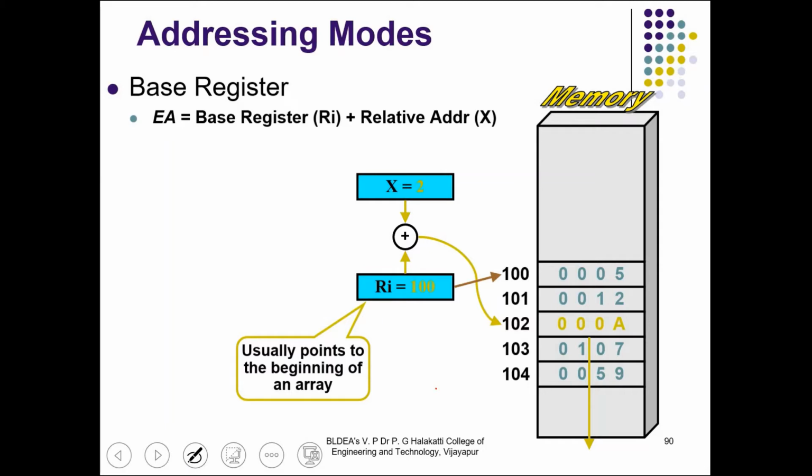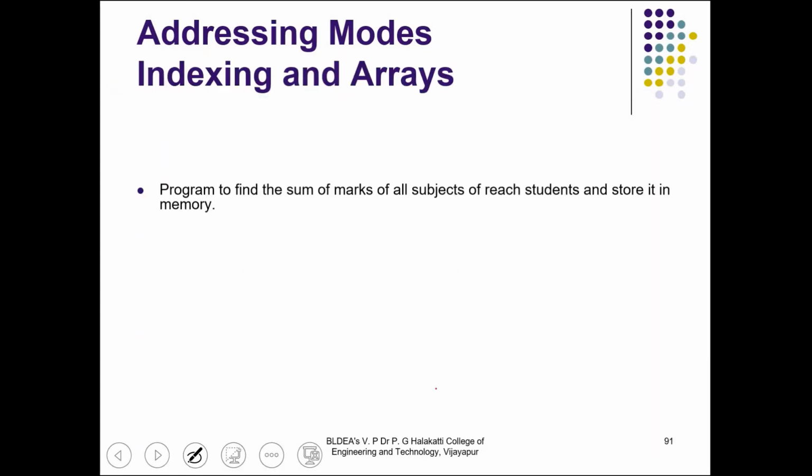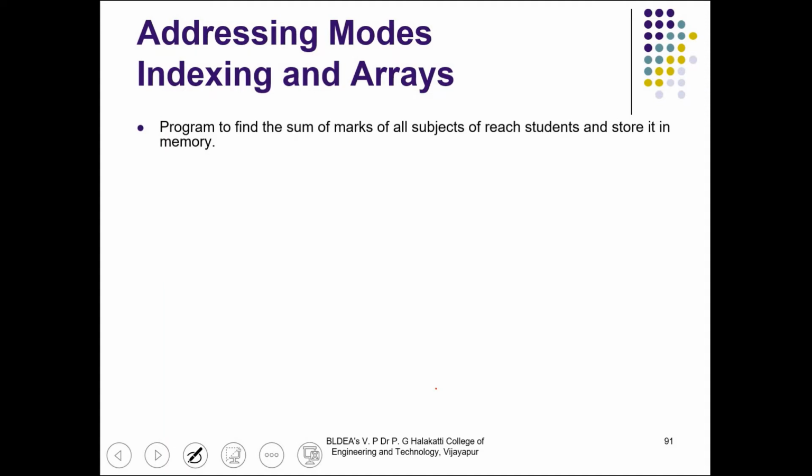So if 100 is the beginning of the array, then with respect to the beginning of the array at a displacement of 2, you have the next value. So X can be positive or negative.